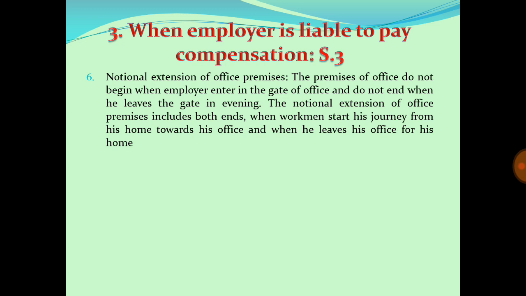So the premises of industry are extended beyond that gate to include all those accidents which happened on the way when that workman was on the way to industry or from that industry to his home.